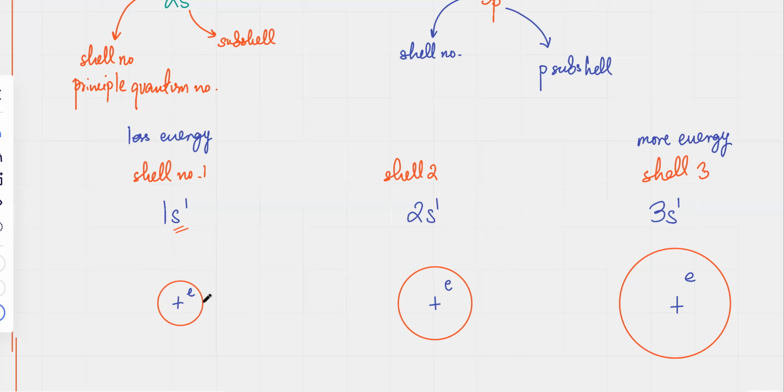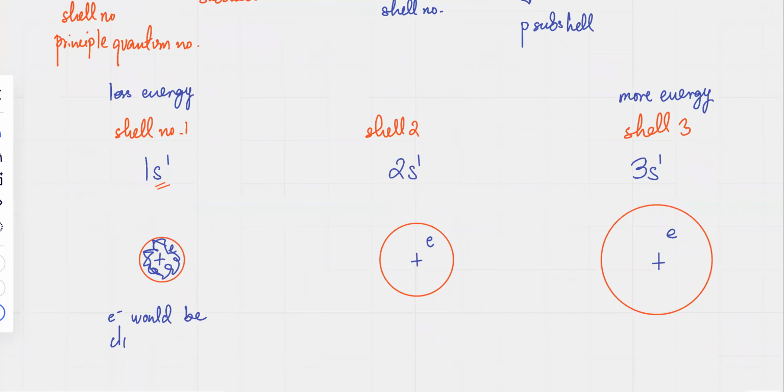When it has less energy, the electron is not that energetic, so it's going to stay very close to the nucleus, buzzing around in that space because the nucleus would be attracting it. Lesser energy means that the electron would be found in places closer to the nucleus. That automatically means that the orbital is going to be smaller.